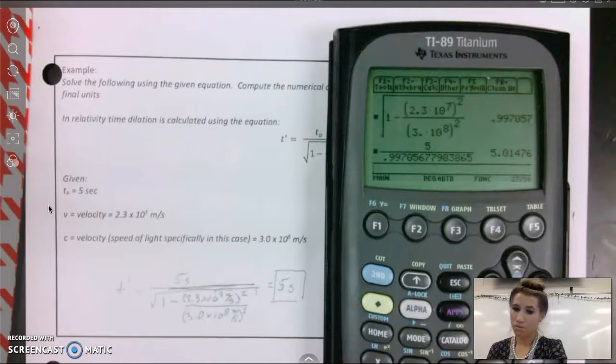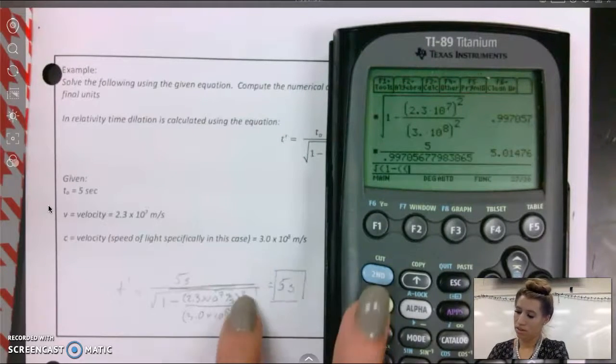Okay, so I'm going to start with getting my square root, and now on the top of my square root, I have 1, and then I'm going to go minus, and I want this 1 to be minus the whole fraction there, so I'm going to put a parenthesis for that whole fraction. And now I'm going to put a parenthesis in which my squared value is going to reside.